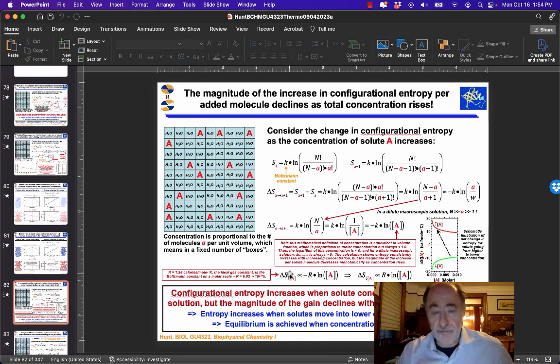We've discussed that before. Entropy is a state function. If I put one molecule in, I will get a gain in entropy. If I take one molecule out, I must get exactly that equal and opposite loss in entropy.